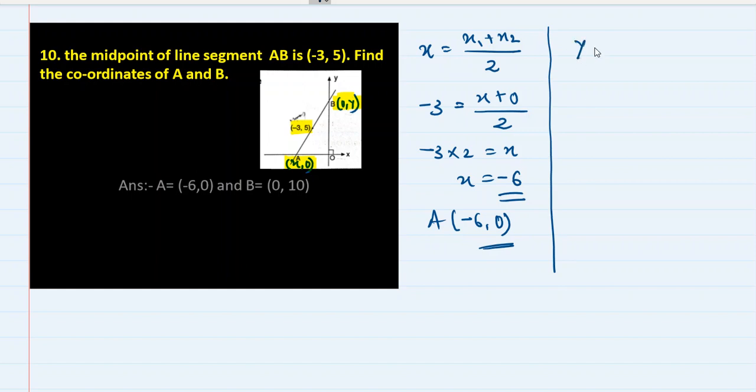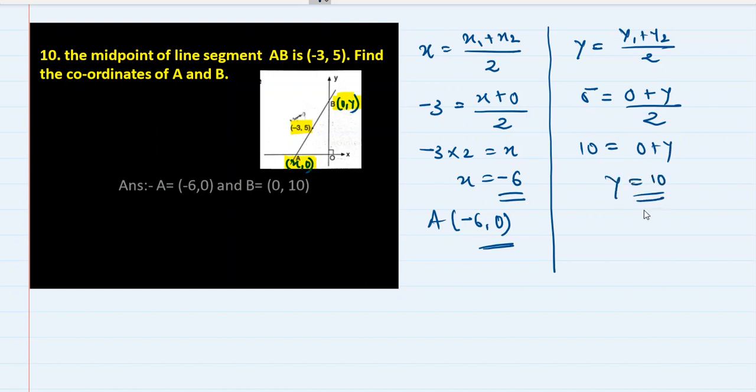Okay. Let's apply the formula for y. Y is y1 plus y2 by 2. So y, which is 5, is y1 plus y2, y1 is 0 plus y2 is y, by 2. 2 will get multiplied here. 5 2s are 10. 0 plus y. Y is equal to 10.